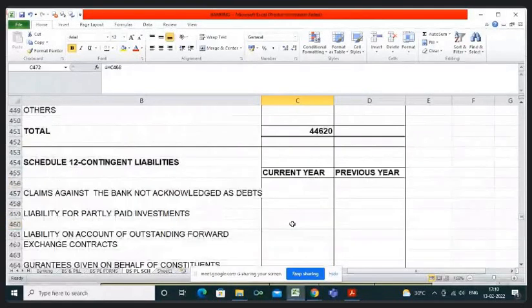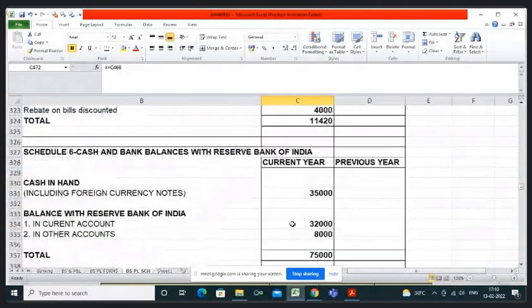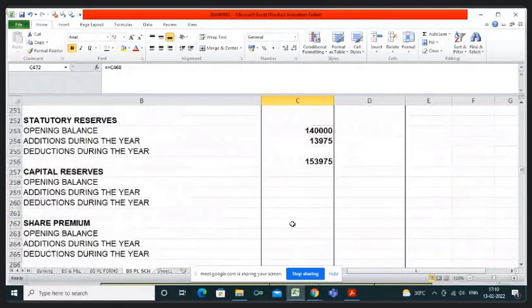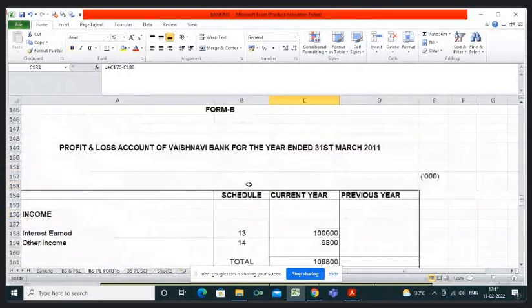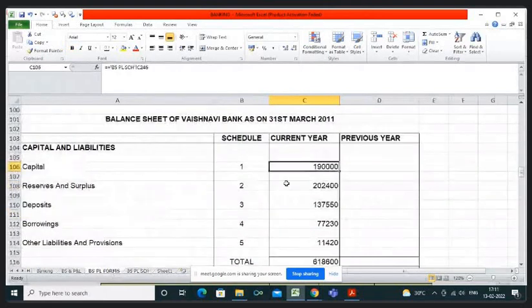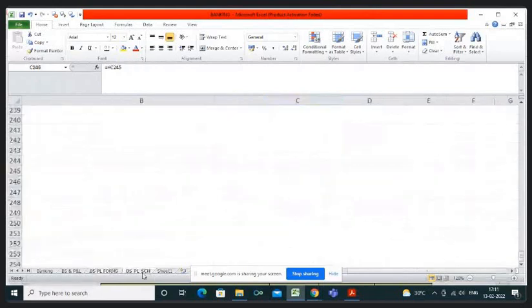So what should I do? I should take these totals to the balance sheet. So first 1,90,000. You can see here, as I have already linked, it will show 1,90,000. Reserves and surplus total 202,400.